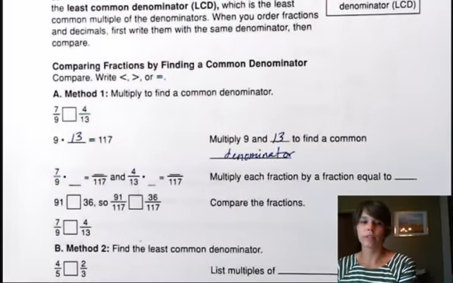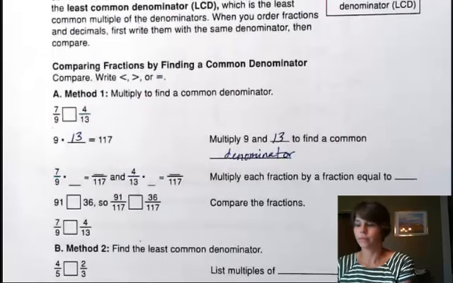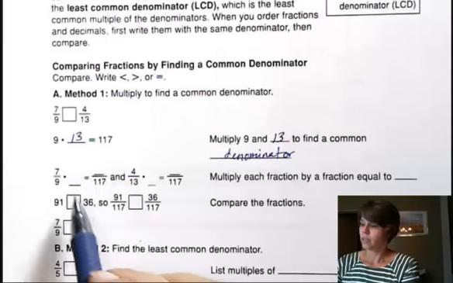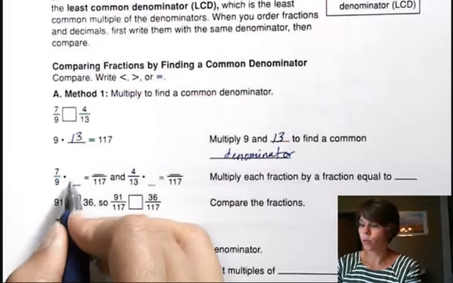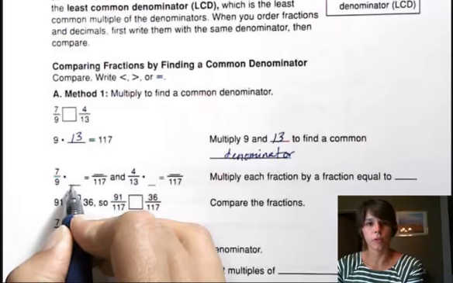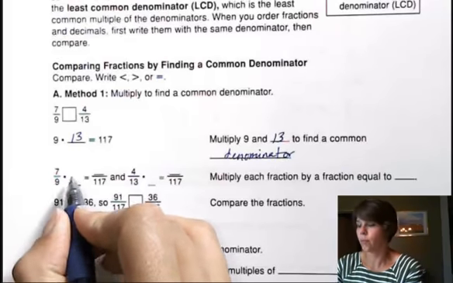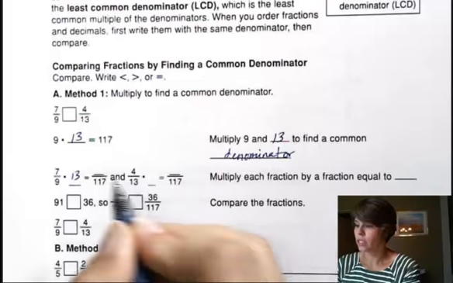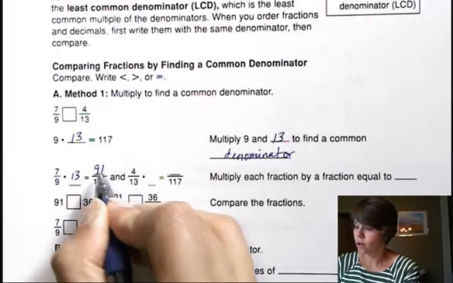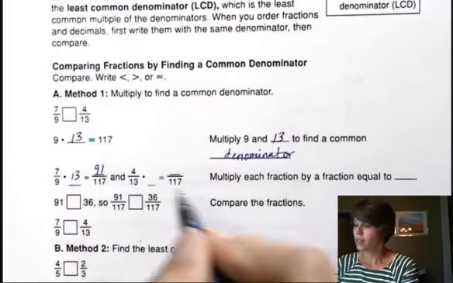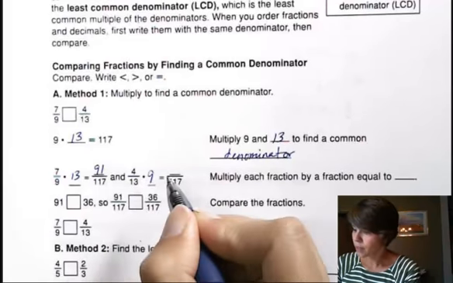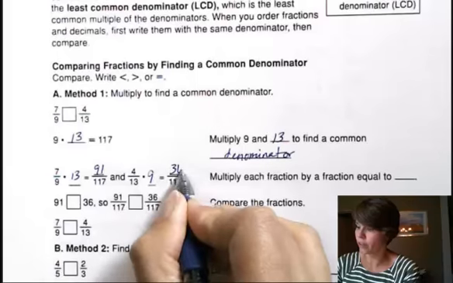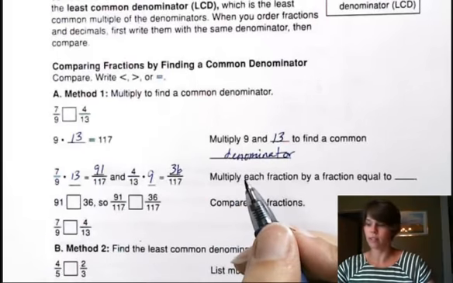So 9 times 13 is 117. 7/9, I'm going to multiply both my numerator and denominator. This is what we did in 2.1 by the same thing. I'm going to multiply them both by 13, get 91/117ths. And 4/13 I'm going to multiply by 9 and get 36/117ths.